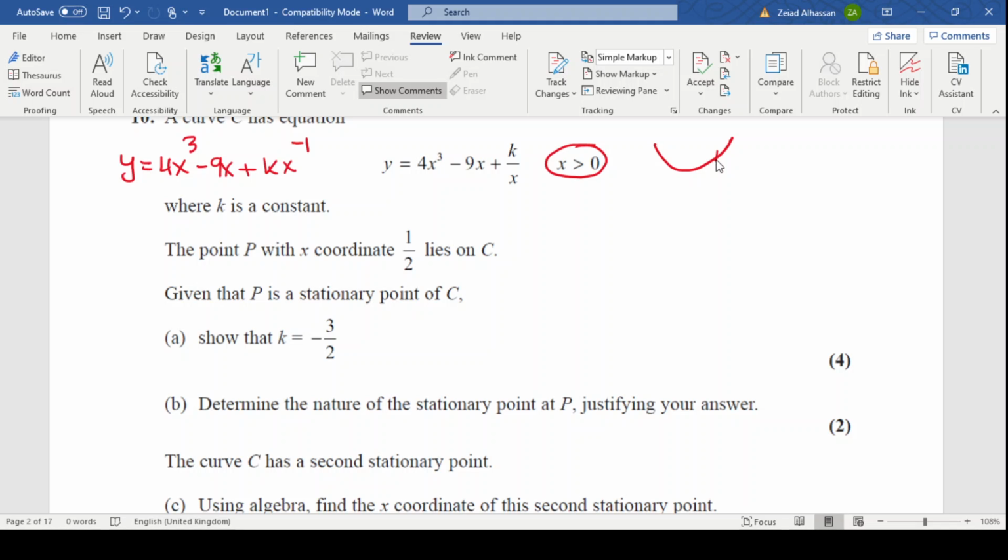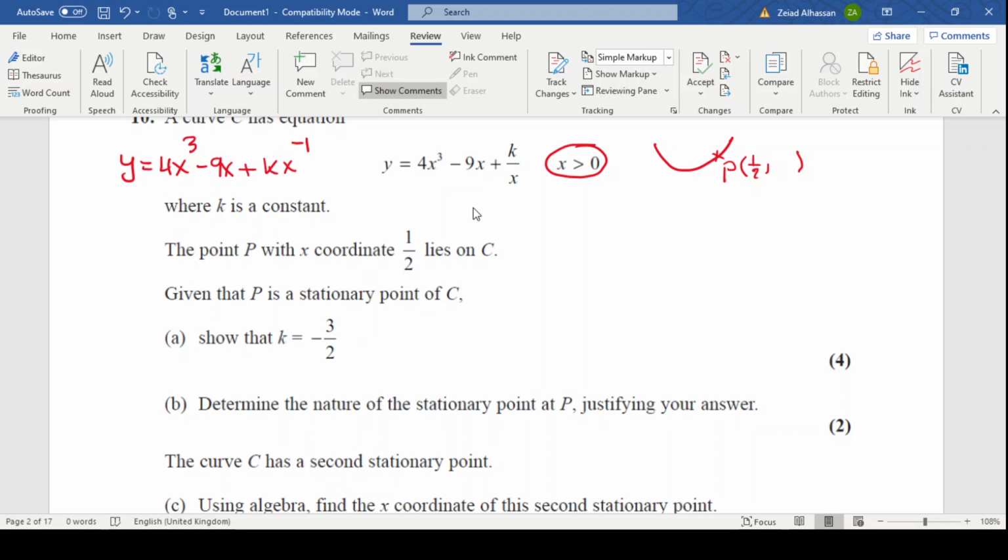We don't know the y coordinate. All we need to do is substitute x equals something, so we can find it. Given that P is a stationary point means that the differentiation is equal to 0, at x equals half, where this is the x coordinate of P.